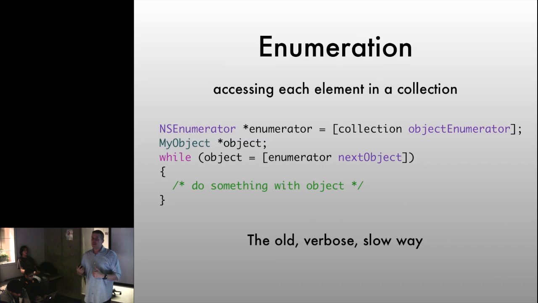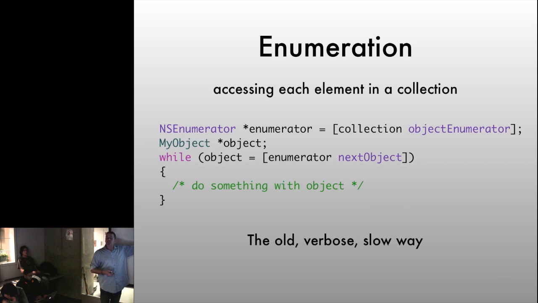So one of the conveniences of having a collection are having enumerator types, so that you can access elements of a collection in a very abstract sort of way. You can change the underlying collection, and the enumeration logic stays the same. The way that you get an enumerator for a collection is using the object enumerator message.